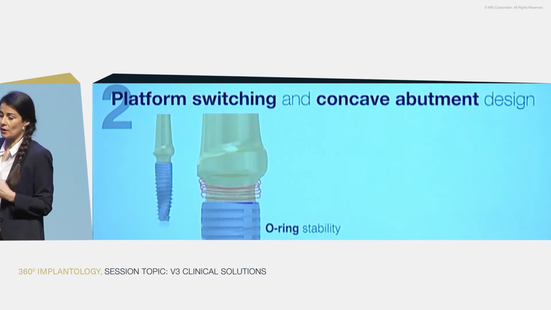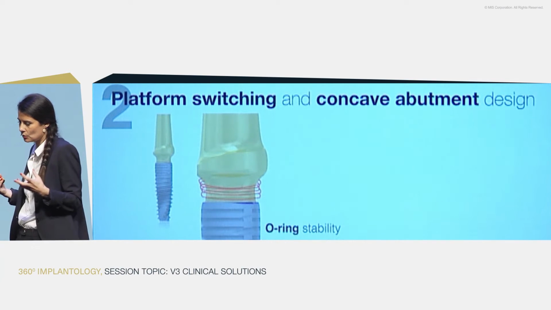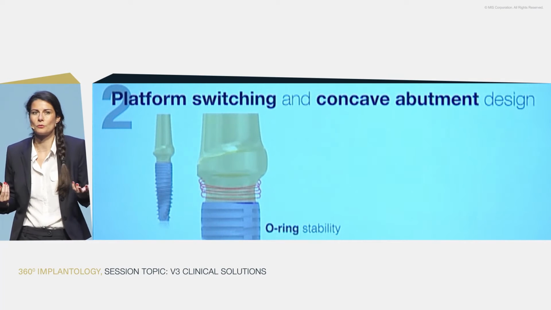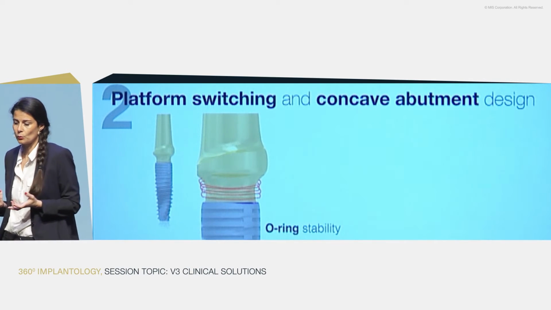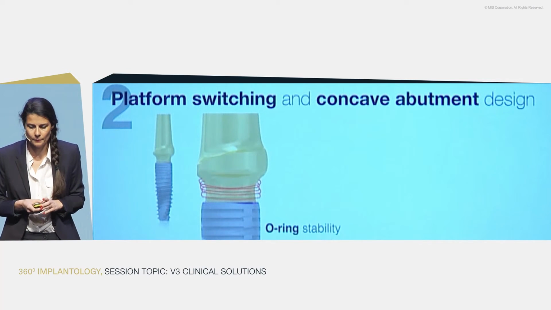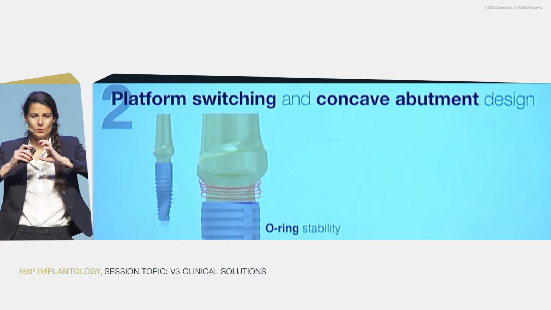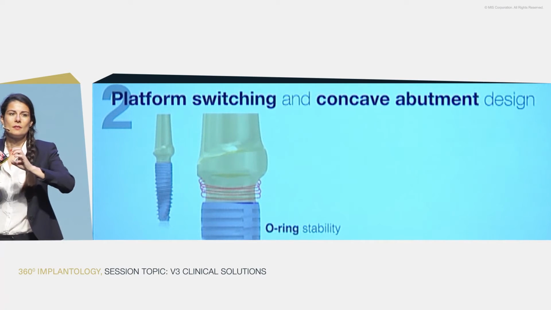So now, second recommendation, to improve the peri-implant soft tissues, is to use a platform switching implant with a concave or tulip-shaped abutment. Because you see on these images that the connective tissue can really get organized.